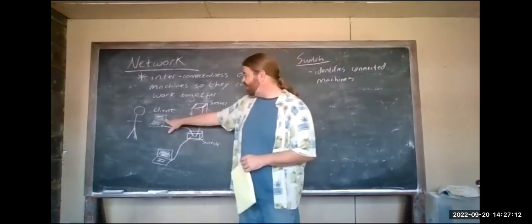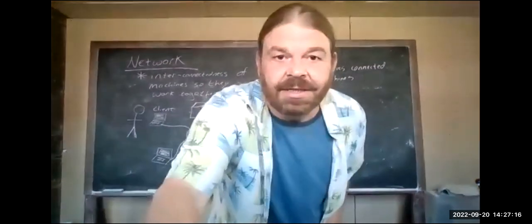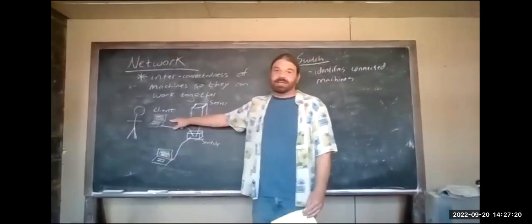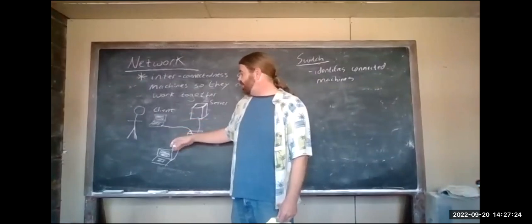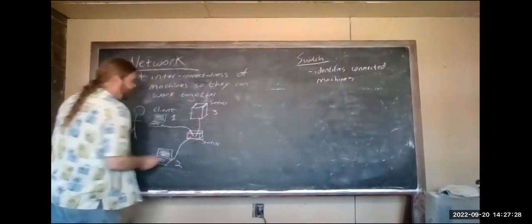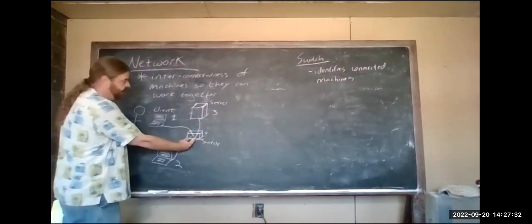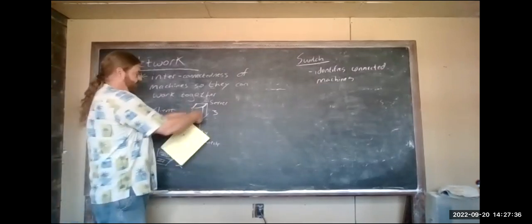So then if the client needs to request something, it's going to just broadcast across the network, says, I need a file that's on machine number 2. So first thing that's going to do is go to the switch. The switch is like, okay, that's a request that needs to go up to the server.